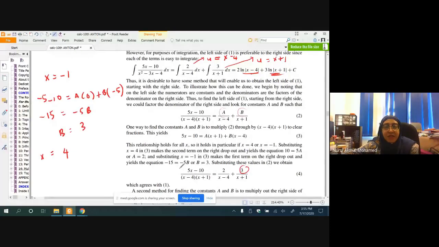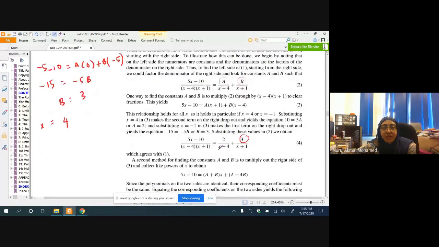Okay, so this partial fraction is reduced to these two simpler-looking rational expressions, or partial fractions. It's easier for you to interpret.